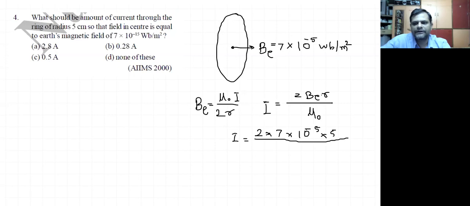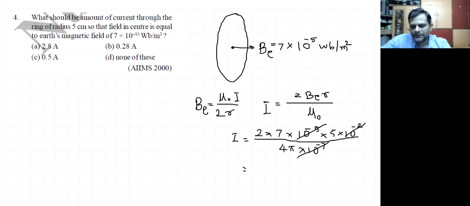That means it will be 5 into 10 raised to minus 2. And here it is 4 pi by mu naught, where mu naught is given by 4 pi into 10 raised to minus 7. Already we know it. So here we can see that this 10 raised to minus 5 and 10 raised to minus 2 will get cancelled with this 10 raised to minus 7.